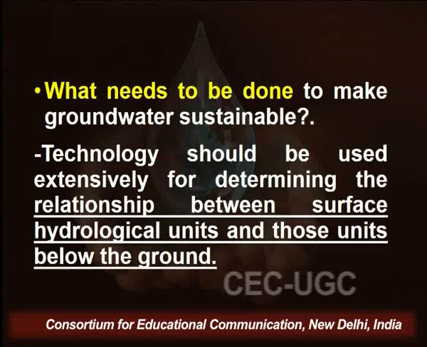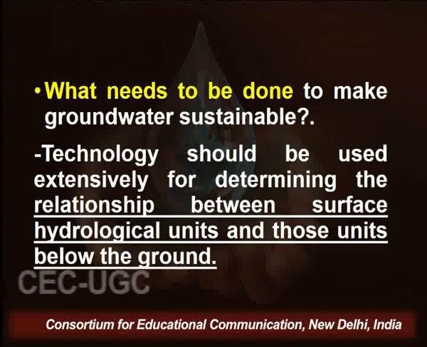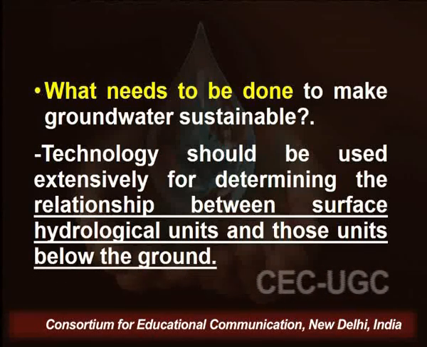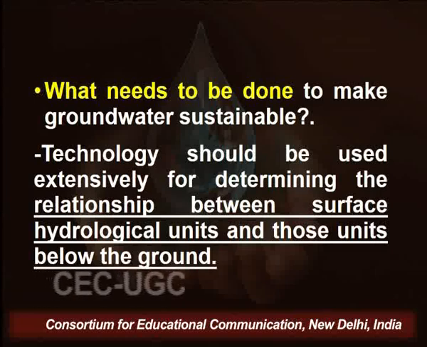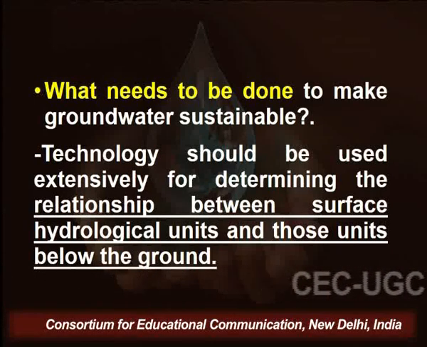So what needs to be done to make groundwater sustainable? Technology should be used extensively for determining the relationship between surface hydrological units and those units below the ground. Identification of groundwater recharge areas and mapping of groundwater should be done.